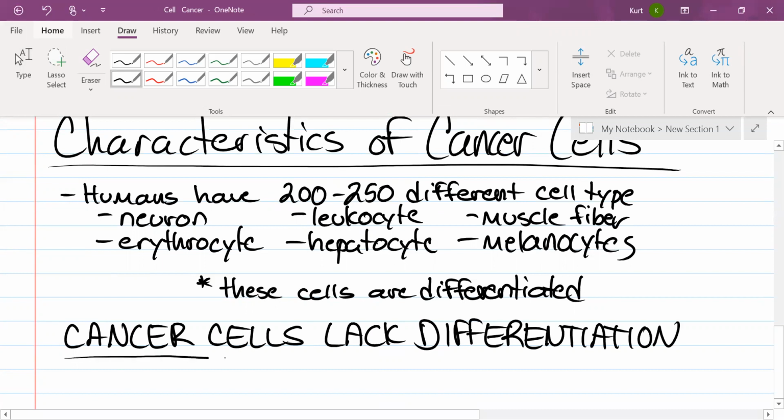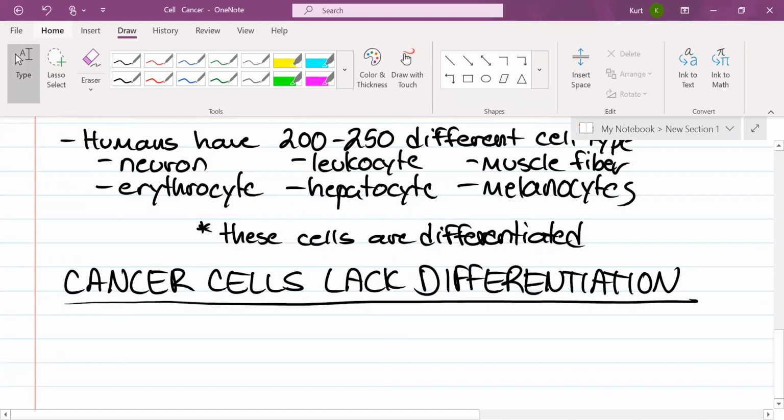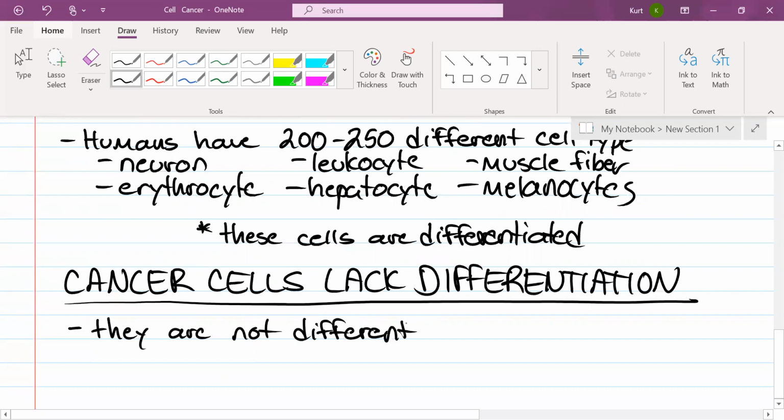Cancer cells lack differentiation, which means they are not different. If I were to hold a brain cancer cell in one hand and a bladder cancer cell in the other, and I said, Ben, which one is which? You probably wouldn't be able to tell me.